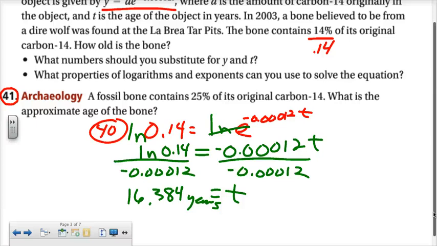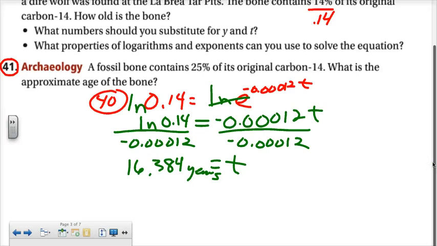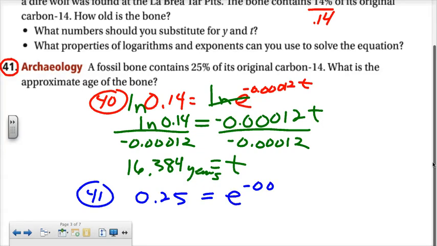Number 41 tells us that a fossil bone contains 25% of its original carbon-14. What's the approximate age of the bone? With this one, we put in 0.25, and I'm not going to bother with the 1 this time because that's 100% of what it was. So e to the negative 0.00012 t.